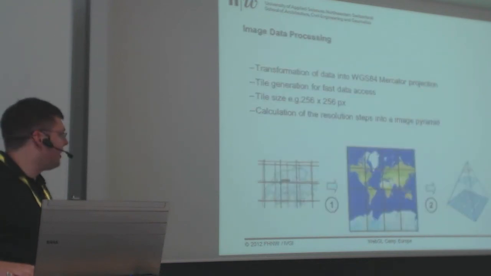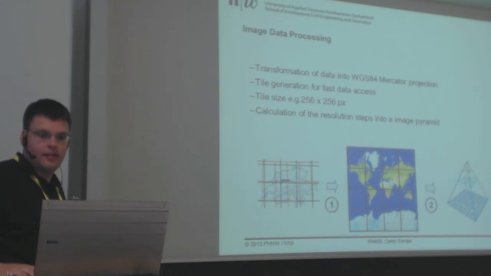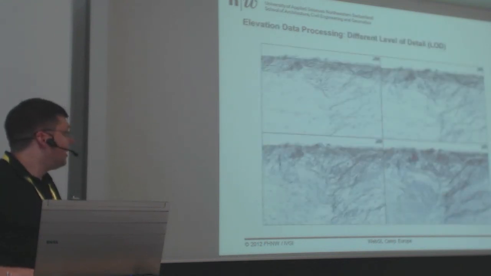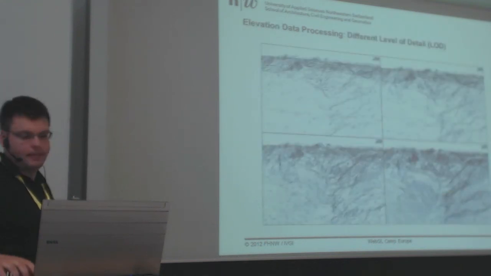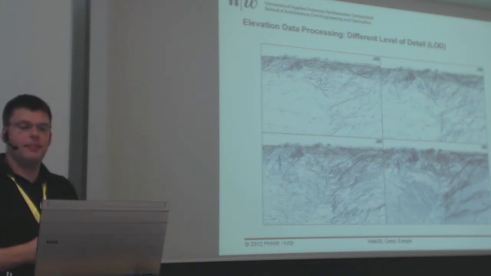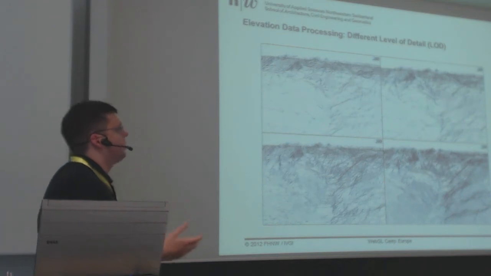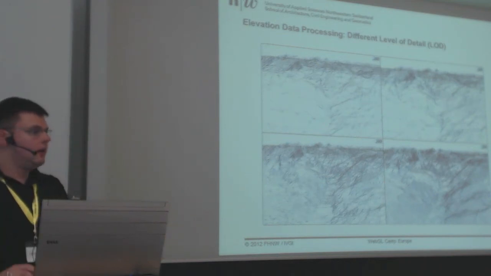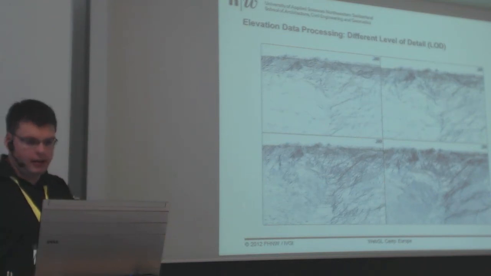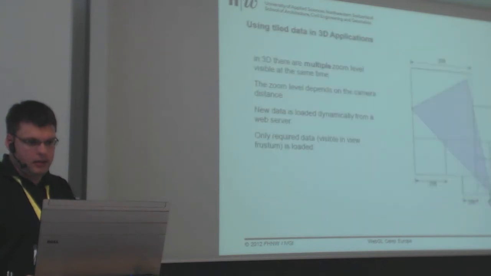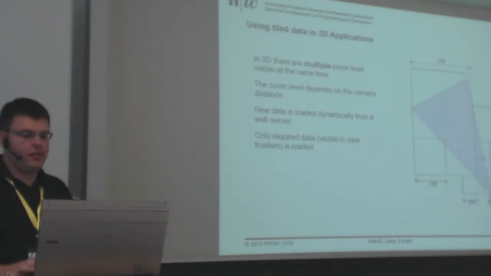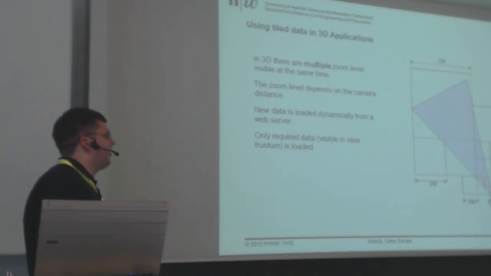Yes, I already explained this calculation into these image parameters. And now you see a screenshot. We also do the same with the elevation data, so you have different resolutions of the terrain, and this is also pre-calculated. Now, if you fly through Switzerland, you stream these tiles from the server.